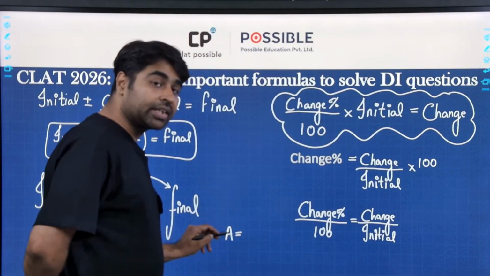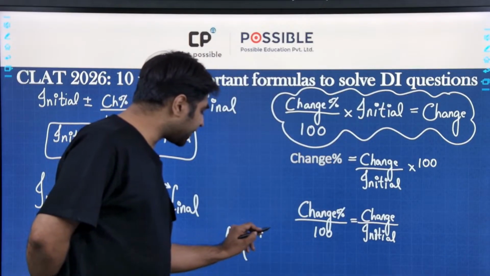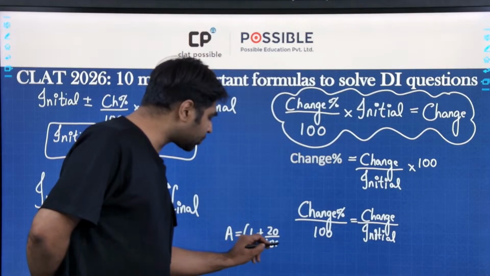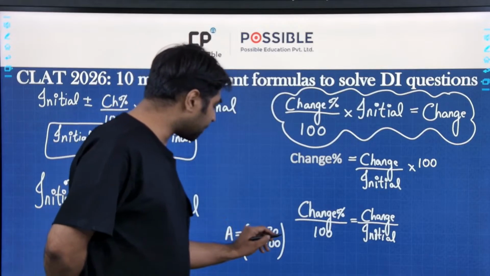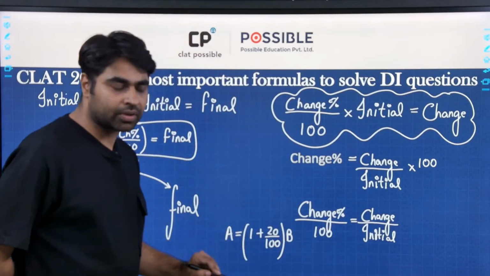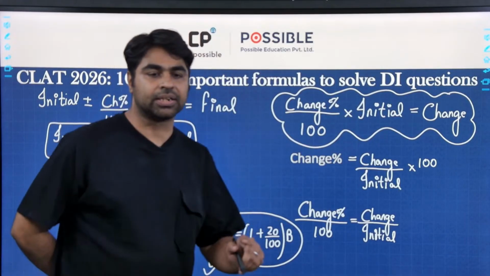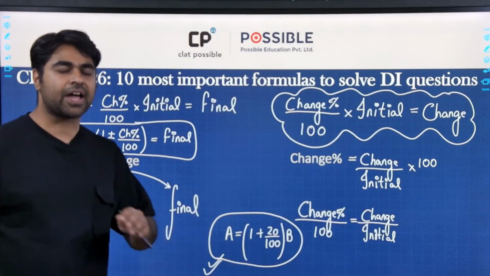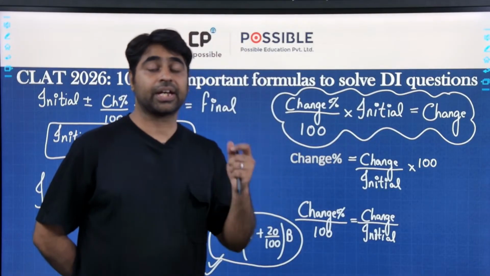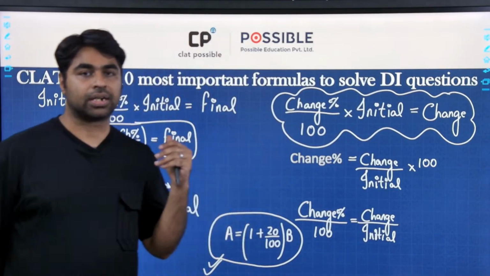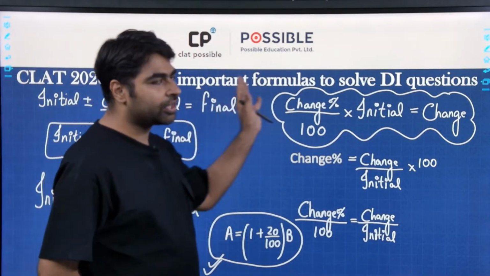So the number of students in University A are 20% more. 20% means 20 upon 100, more than means plus 1, then the number of students studying in University B. So this is how the relationship can be written, and once you learn to write in this particular format, I am very sure you will start doing the questions in a very proper, systematic way, with a very small number of steps also. Everything will be related to this particular concept.